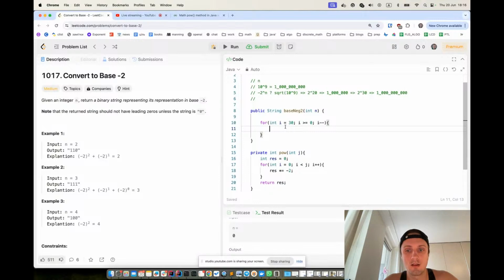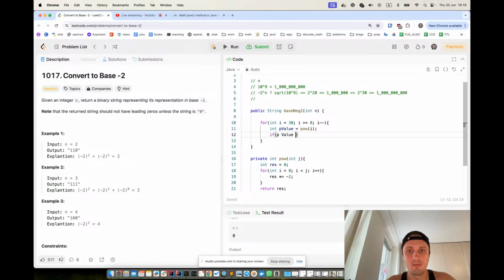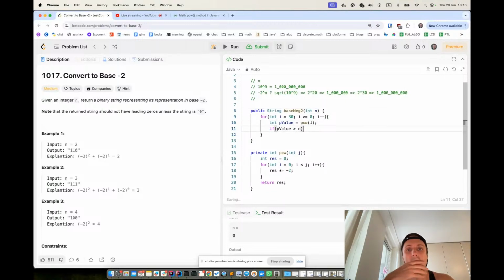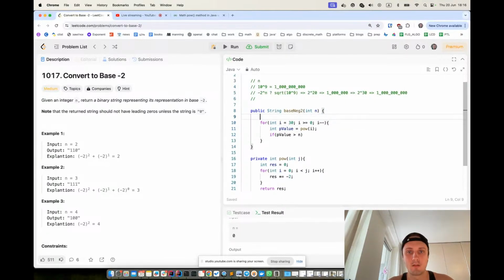And here I call this pow method for i, and I have some p-value. And if my p-value is greater than n, and also I have string result.